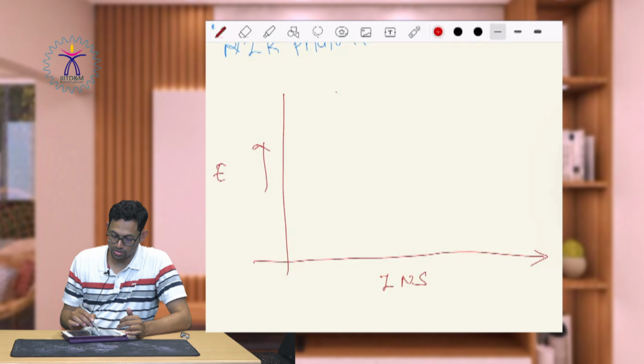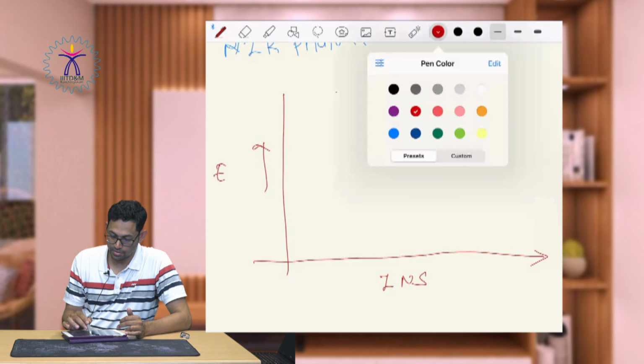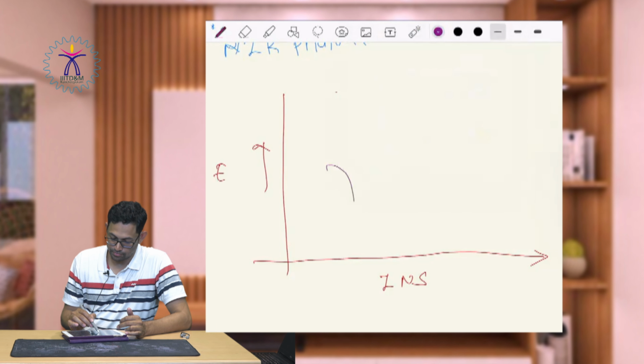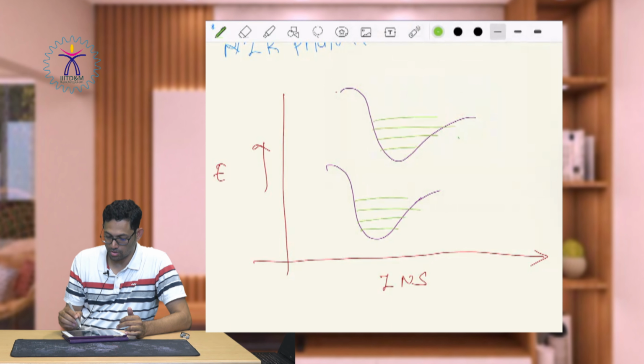Again we draw these bands and these energy levels. This is S0, as we discussed earlier, this is S1.